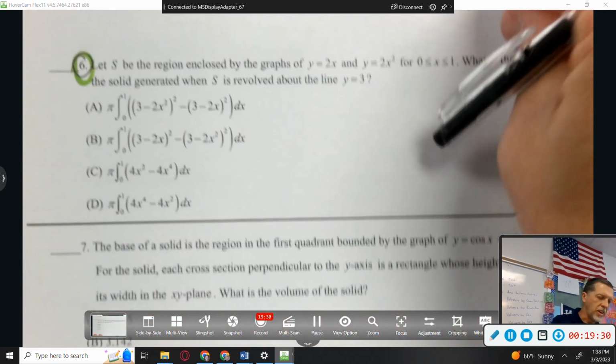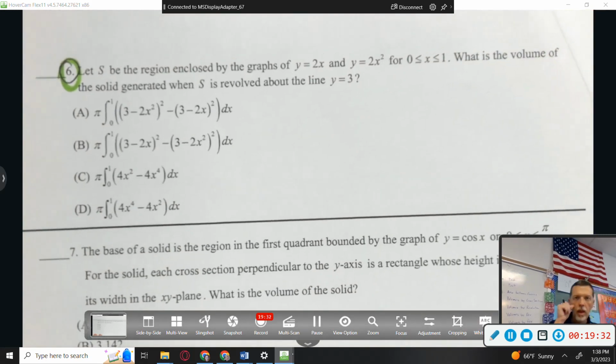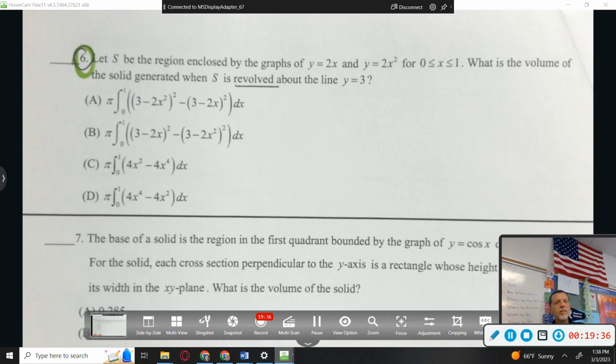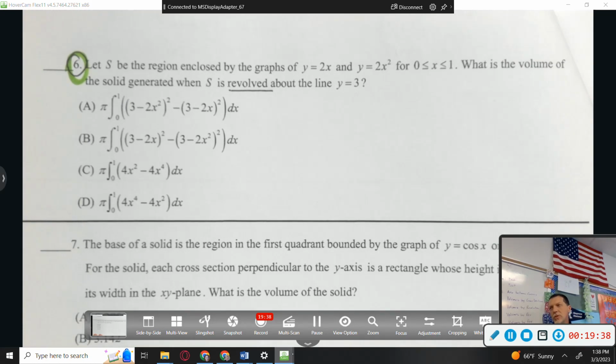Let's do number 6. A revolved problem. So basically we'll work 3 problems off the review, 1 from each type: area, cross-sections, revolutions.